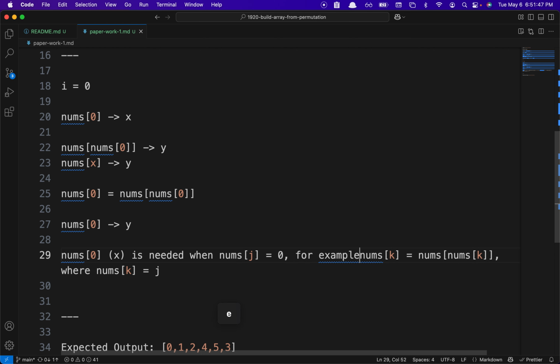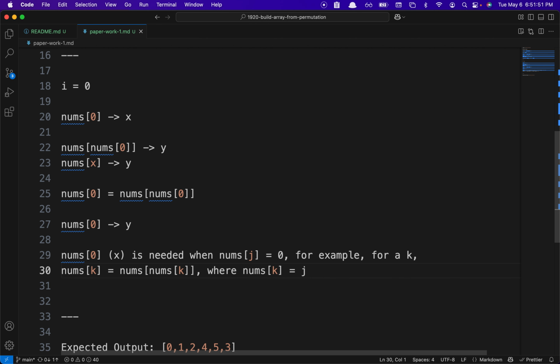For example, for a k, nums of k equal to nums of k, and where nums of k is equal to j, then you will have nums of k equal to nums of j.